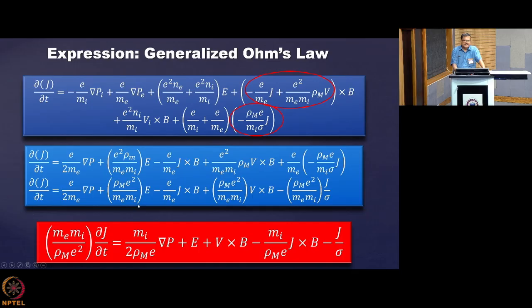These terms remain as they are, but for this term let us write it as rho m e square by me into mi. So we put that in a bracket, and you can notice that the same term we have achieved in the case of E also, so it is e square into rho m by me mi, and then this collisional term also results in the same coefficient. You see here, there is rho m e.